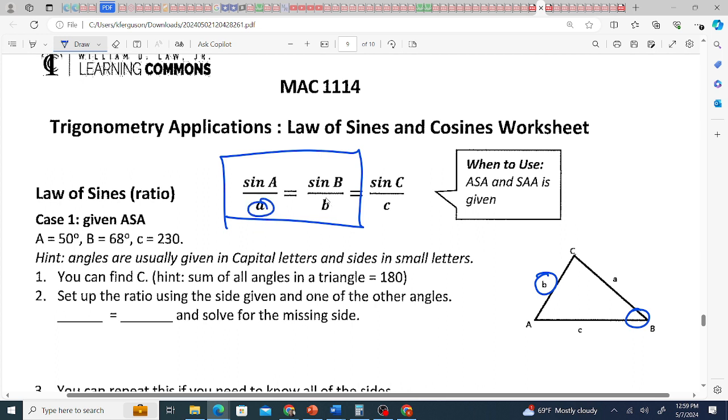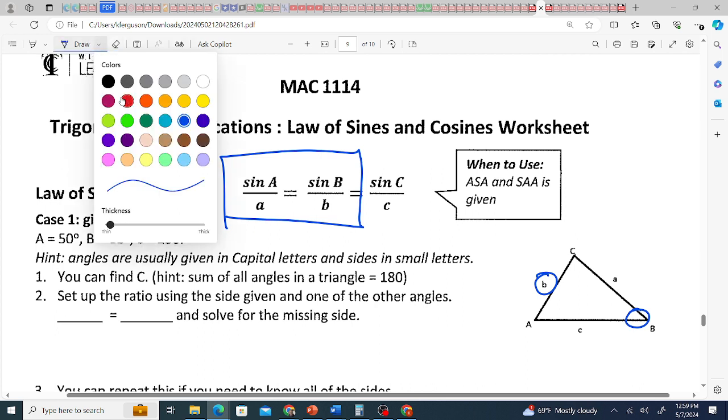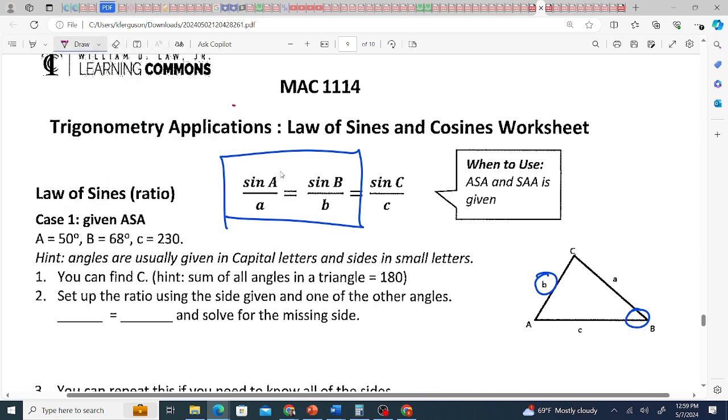So if I have two sides and one angle, I can figure out the leftover angle. And conversely, if I have two angles and one side, I can figure out the side just by doing some cross multiplication. That's how the law of sines works.